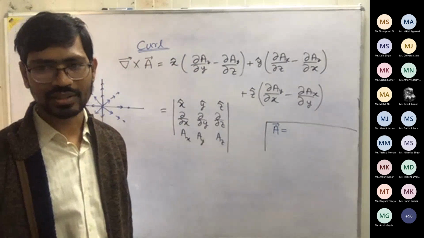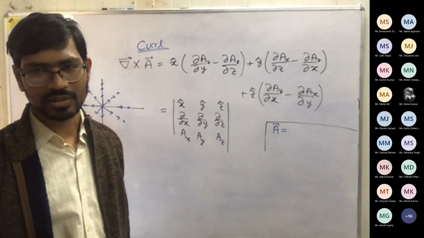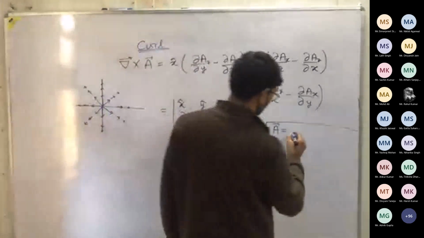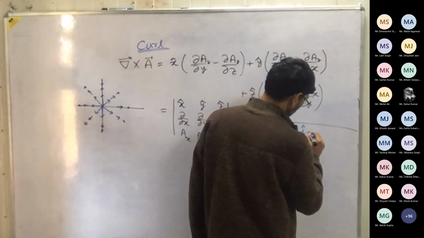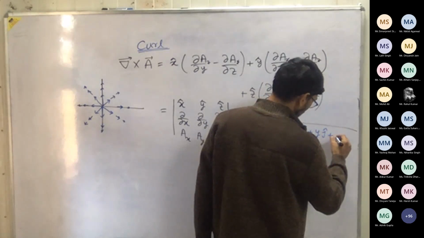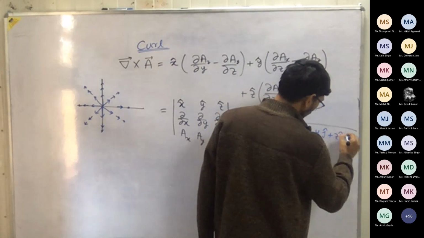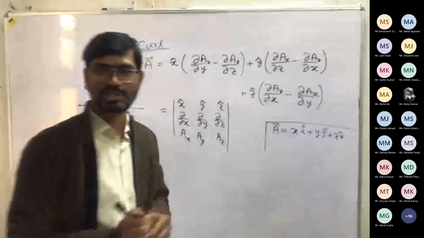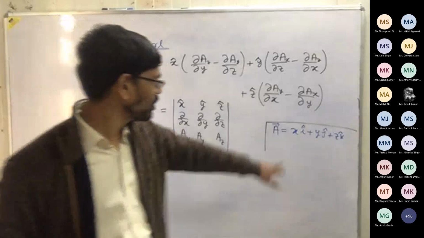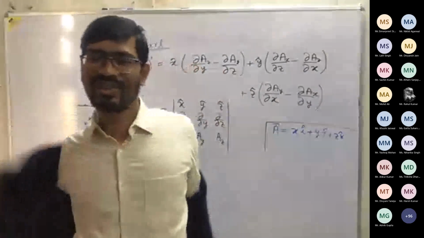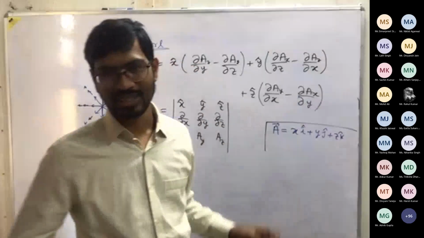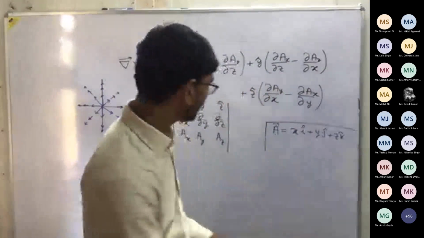Simple vector. x i cap plus y j cap plus z k cap. Okay, you made my life very simple. I know this vector will have curl 0. This is a position vector. Again, this is based on my knowledge, because I'm a little experienced.